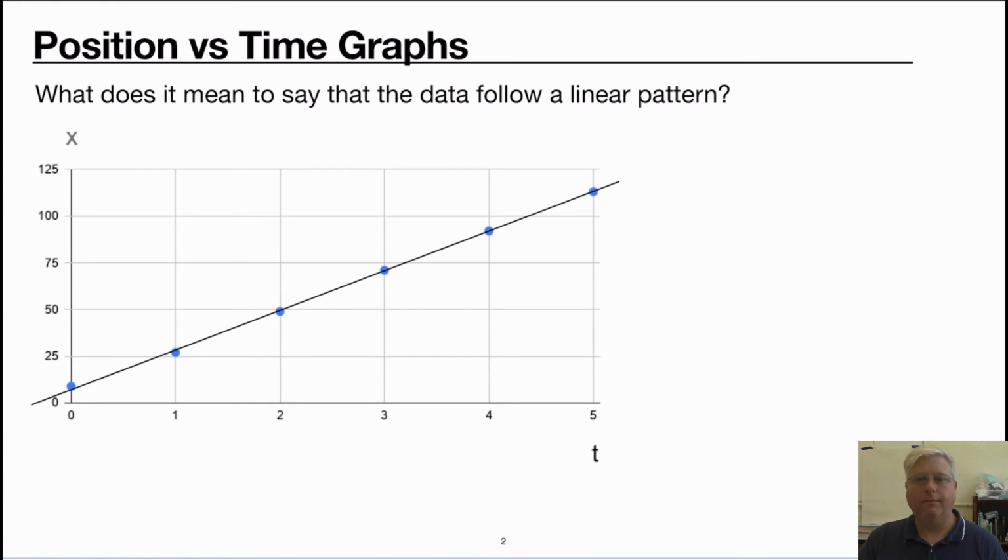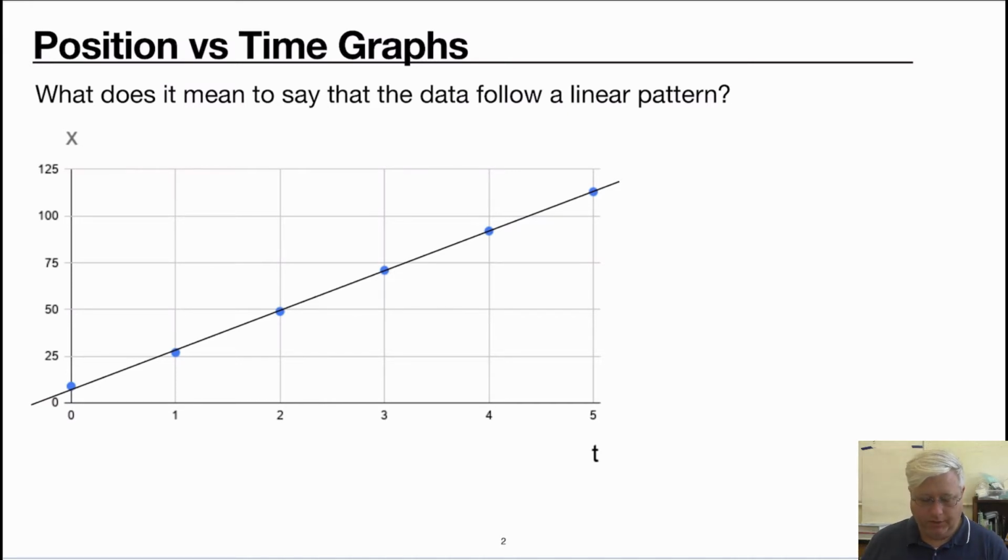What does it mean to say that the data follow a linear pattern? We saw this in a previous lesson where we plotted Daisy as she was moving across the track. When we say a linear pattern, what does it mean? Well, it depends on the type of graph. In this graph, we call this a position versus time graph.